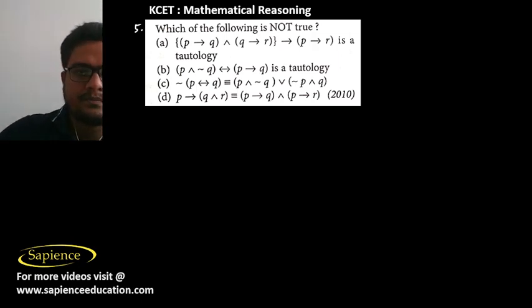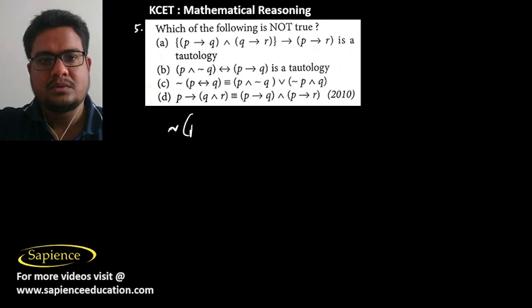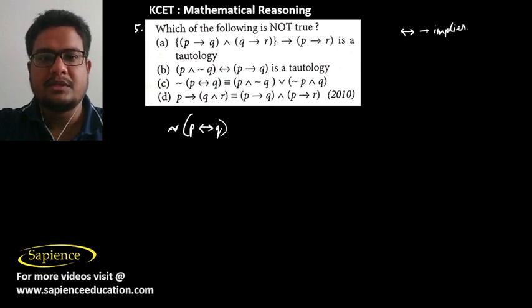So here in option C we see that it is not of P implies Q. So this symbol means implies. It means what? That if P then Q and also if Q then P.